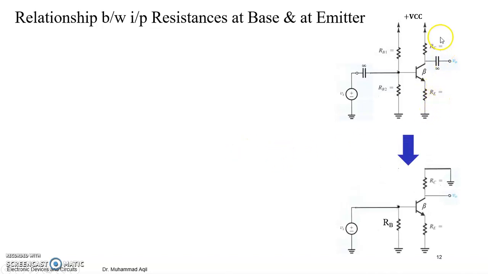We had planned to have an amplifier of this kind. We have done the DC biasing. Then we have a Q point, VCEQ, ICQ, and IBQ, and so on.